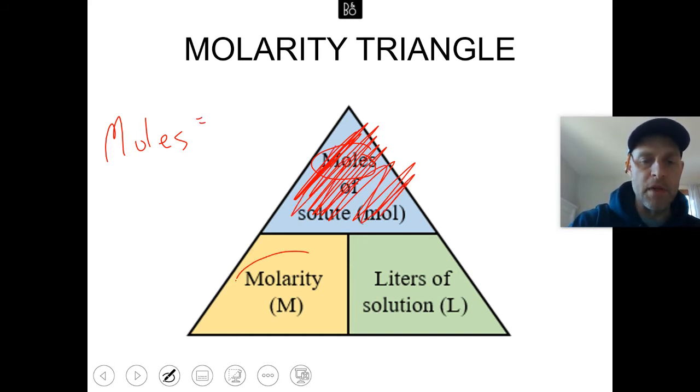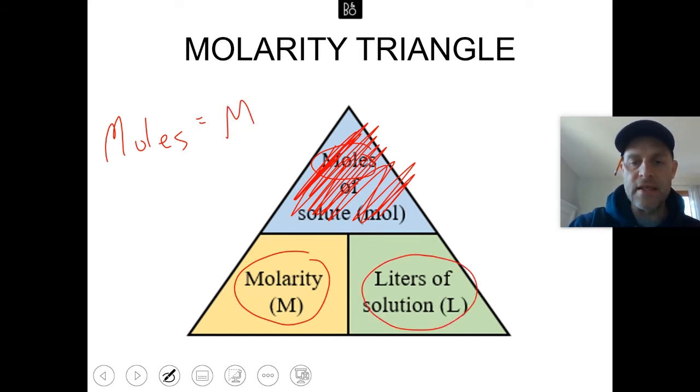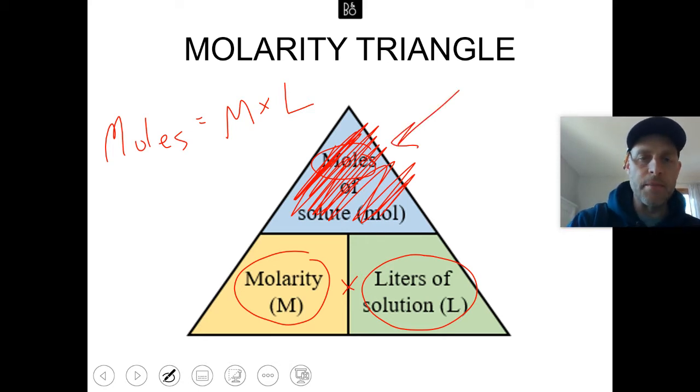Well, I have molarity, capital M, right next to liters. Maybe this triangle is incomplete. Maybe I should have a little times there. Moles equals molarity times liters.